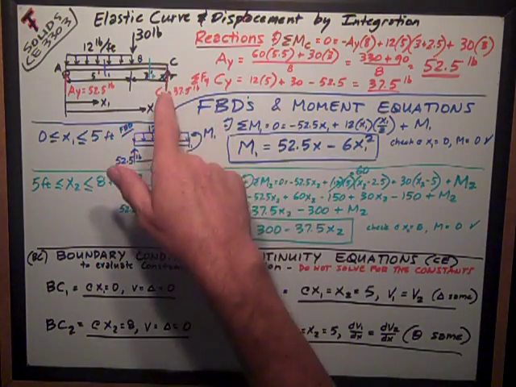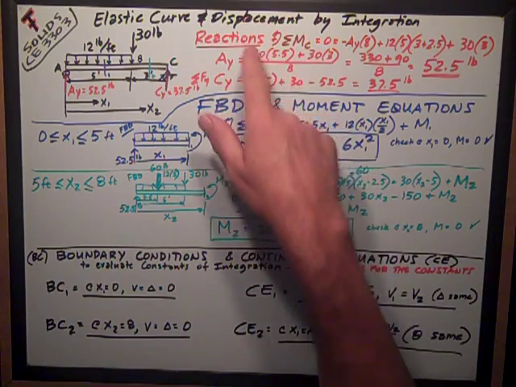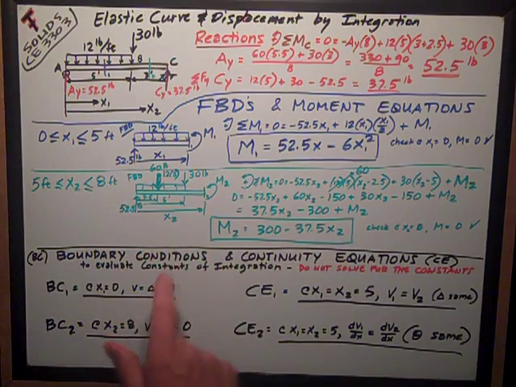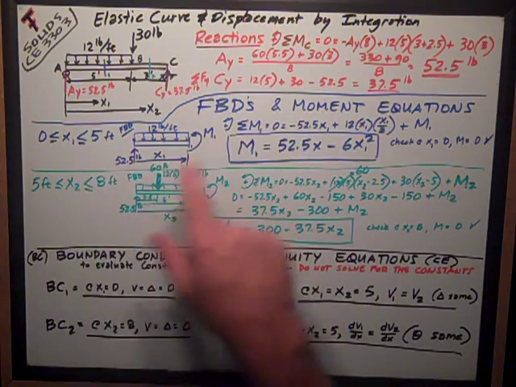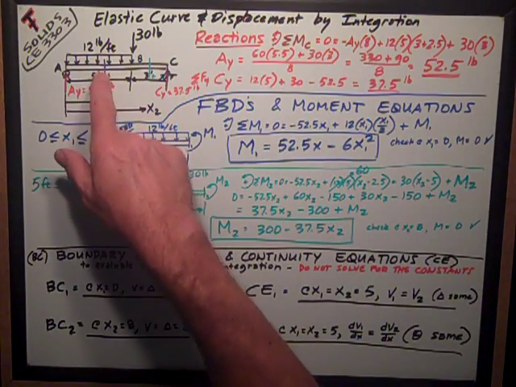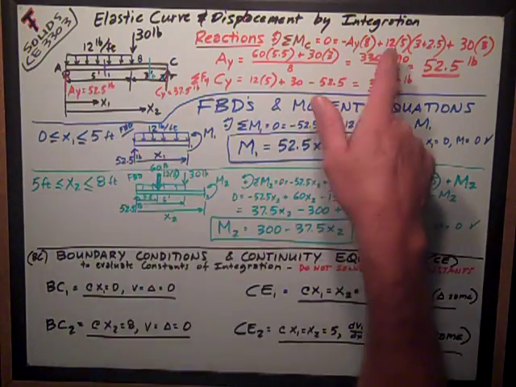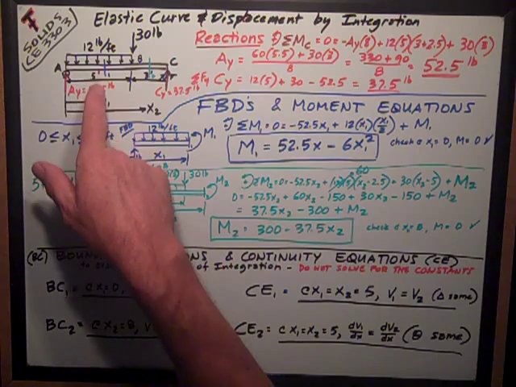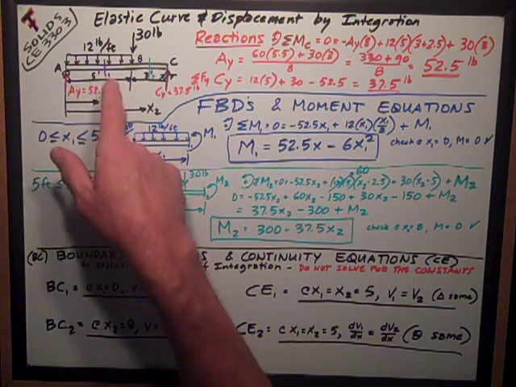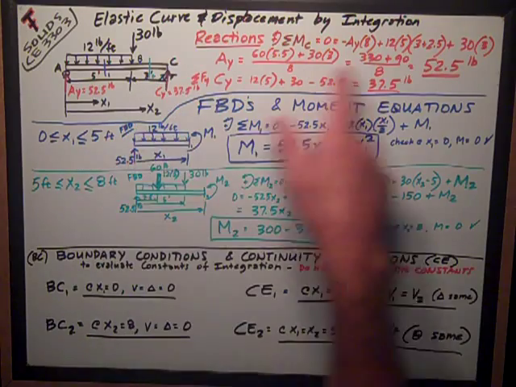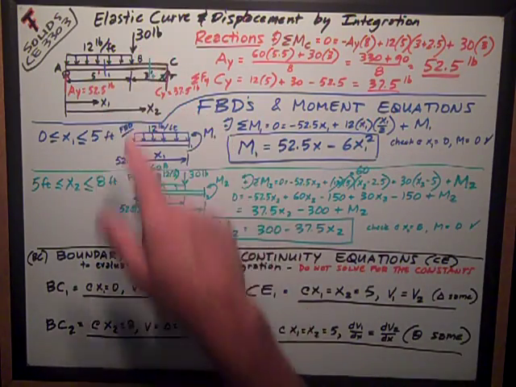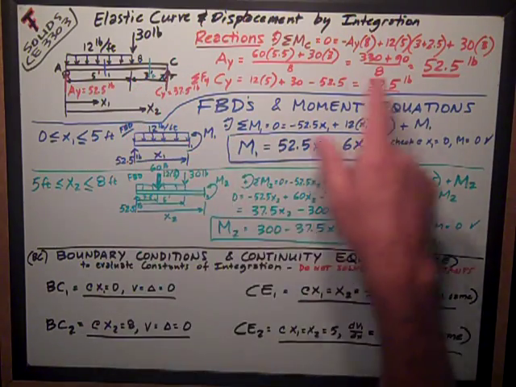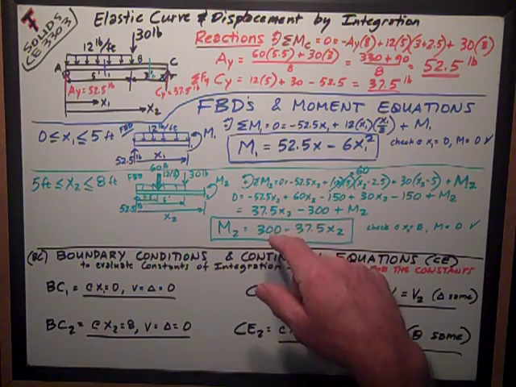I'll choose C, and counterclockwise is positive, so I have negative AY, assumed AY up, times 8, its distance to C, plus 12 times 5, the uniformly distributed load, times the distance from its centroid to point C, which is 2.5 feet from this point B, plus 3 feet, and then I have my concentrated load, 30 pounds, times its moment arm of 3 feet. Both of those are positive because they are counterclockwise.